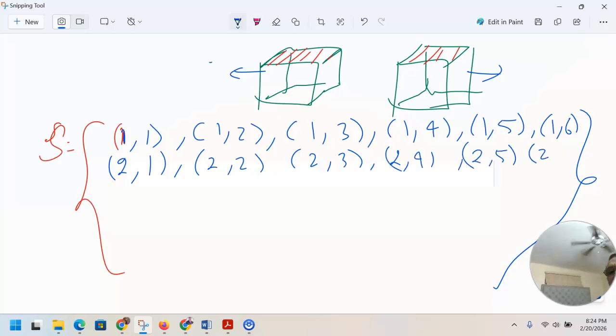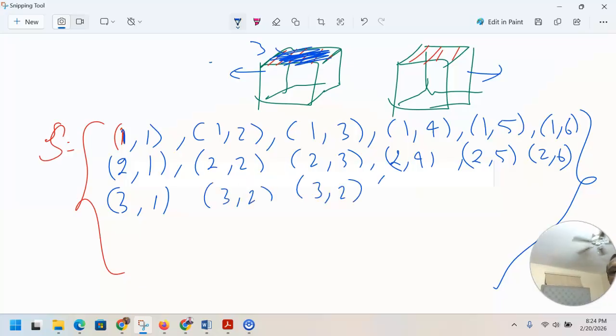I like to show this so that you get a total understanding. Or the first one here is 3, and the next one could be 1, like this. Hope you understand everything.